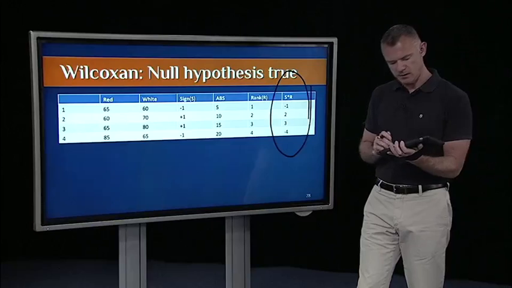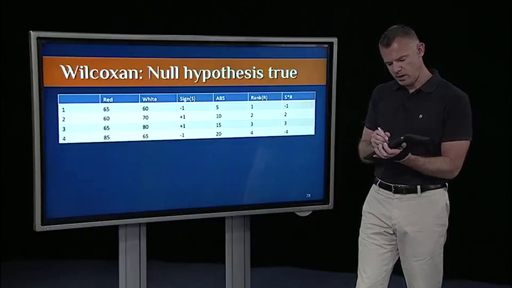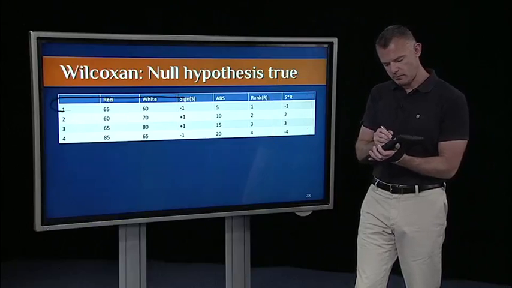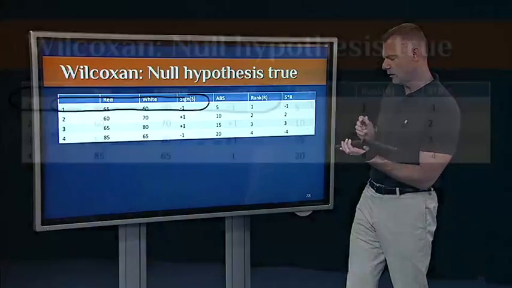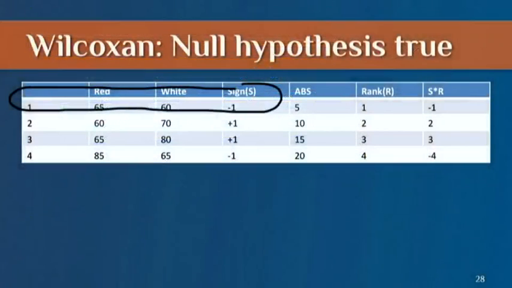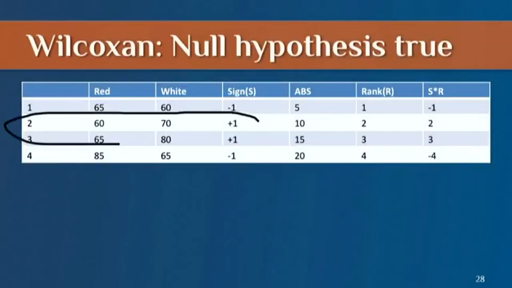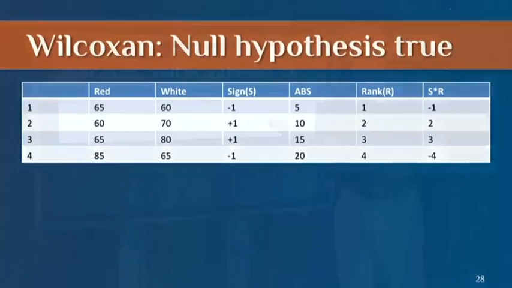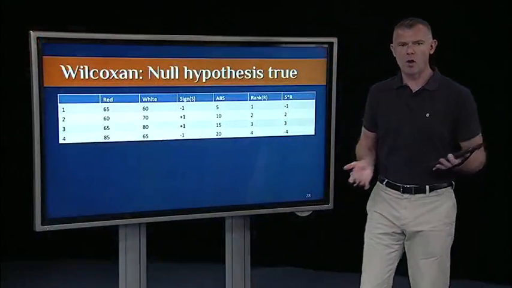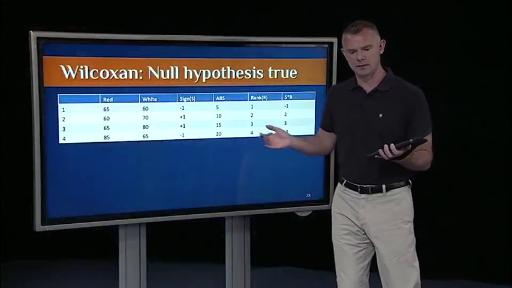Because you can see this rater rated the red greater than the white, as did this rater, but the two in the middle did the opposite. So there's no effect here. The reds were liked just as much as the whites overall across this little example.